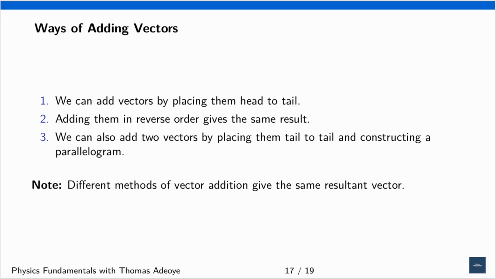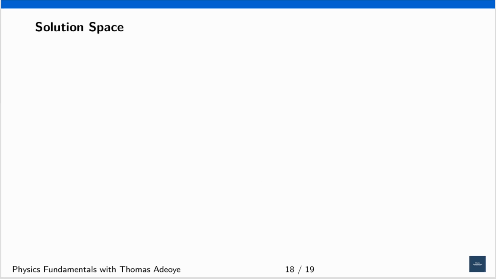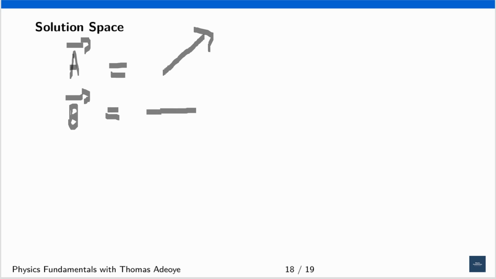Now let me show you some of the practical ways to do this. The first one is head to tail. Suppose you have vector A and the vector is like this. It is acting this way, and you have vector B, and let us assume vector B is acting this way.